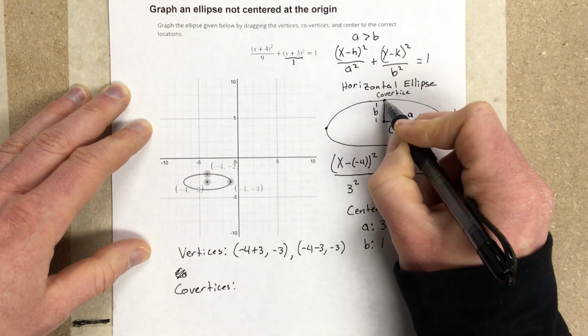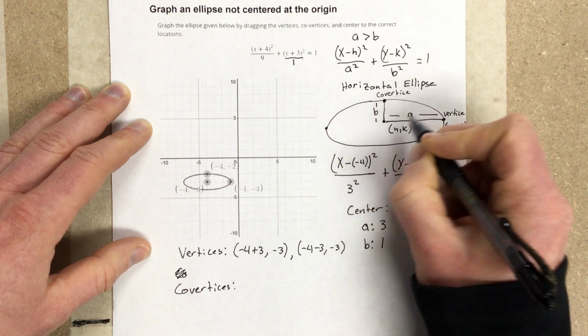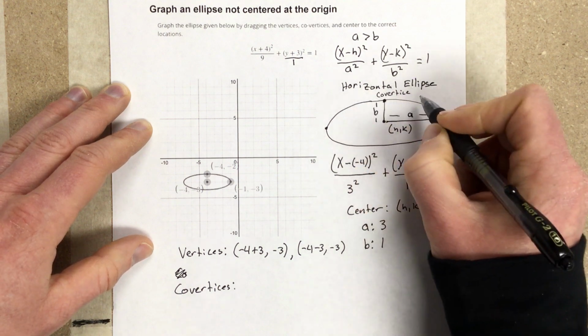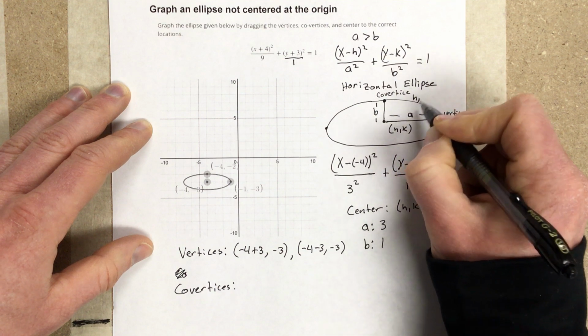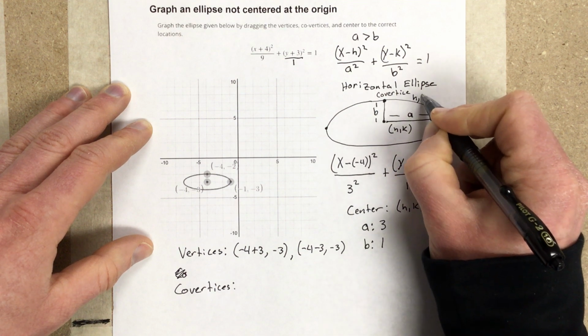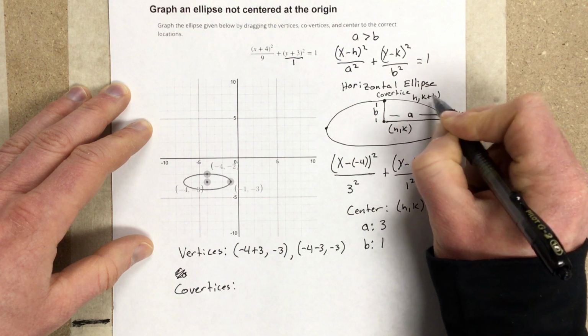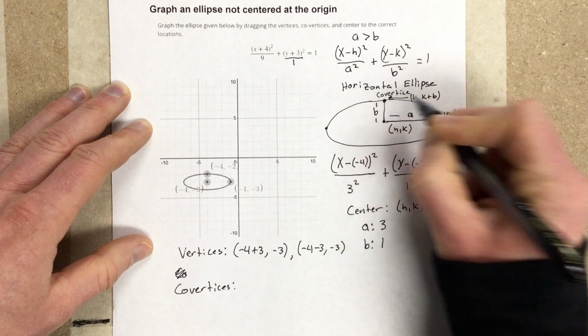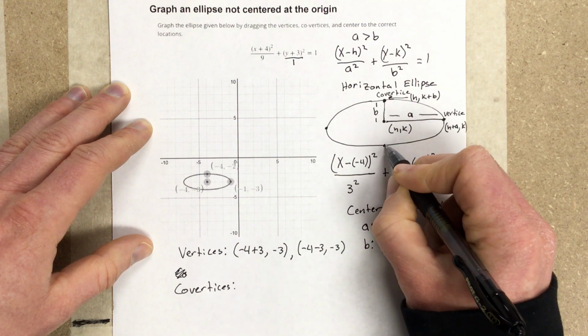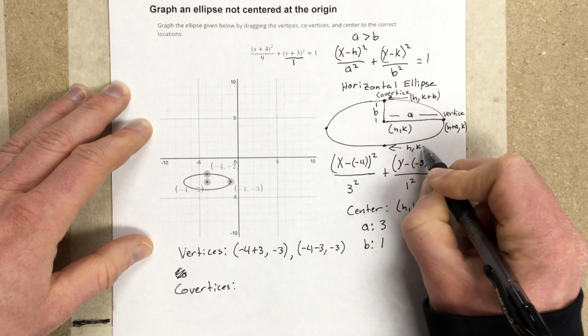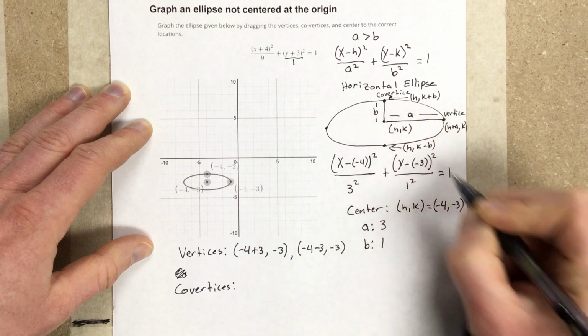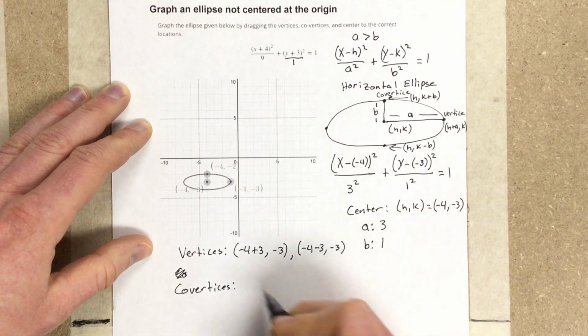My co-vertices, to find this vertice up here, I'll write this off to the side here. This would be h, comma, I would have to add something to k, so k plus b would be that co-vertice. And then this one right here would be h, comma, k minus b. So we can go ahead and write those out.